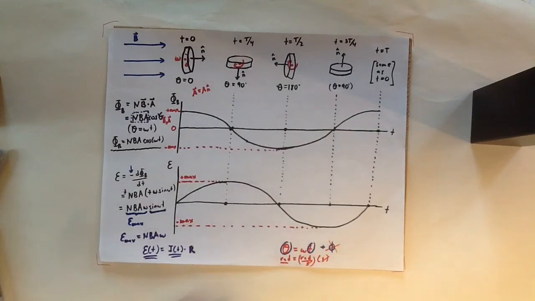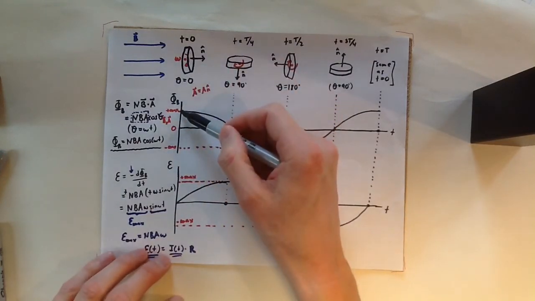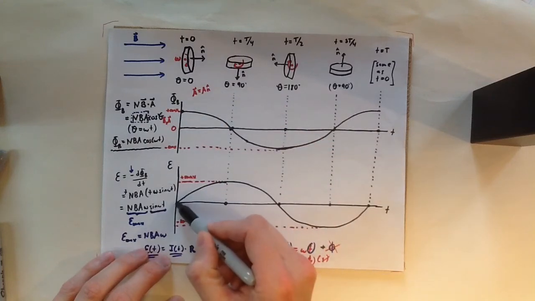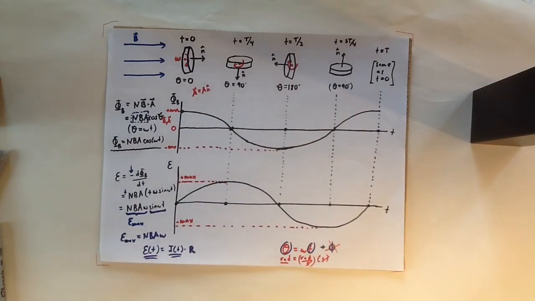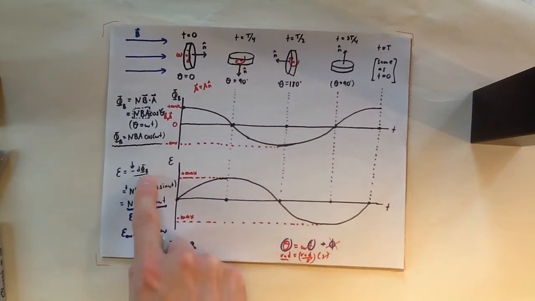And I wanted to point out something. At this moment, when you have the positive maximum flux, you actually have zero EMF. That might seem counterintuitive, but remember that it's not the flux that gets you EMF, it's the change in flux. It's all about changing flux.